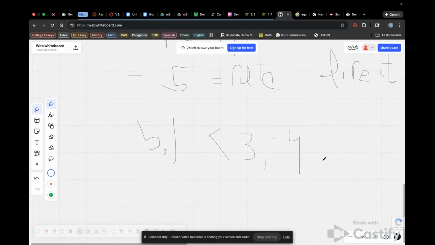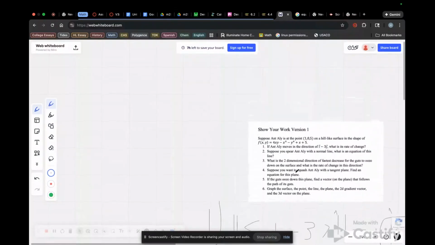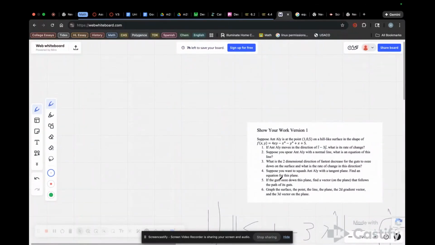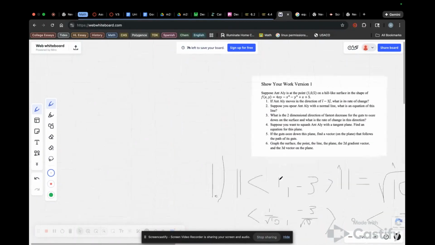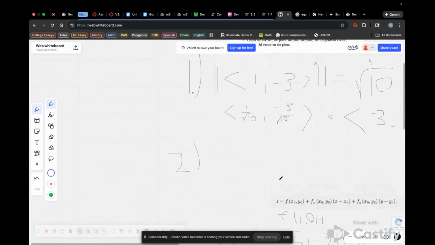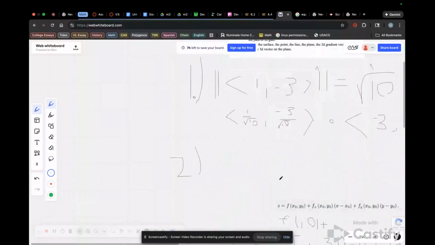And we now just need to find the change in z, because we're on the 3D plane now. So we already got the change in x, change in y for where they go, and now we have to find the change in z.